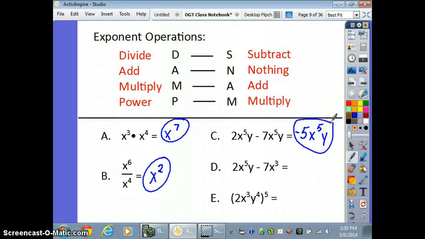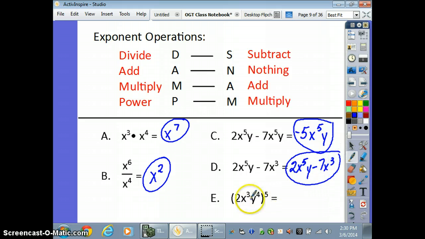Okay? Here I cannot combine the 2 and the 7 because you see how the variables don't match? They did here, so I could combine those, but not here. So this just stays the same. 2x to the 5th y minus 7x to the 3rd.